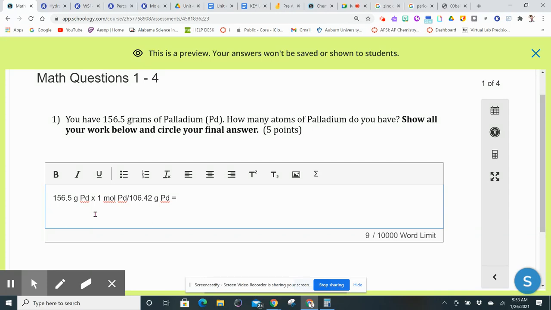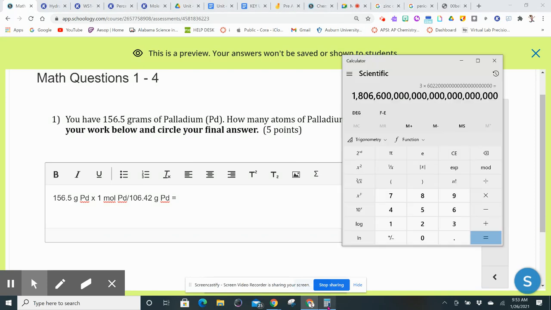I'm going to take 156.5, multiply it by 1, and then divide it by 106.42. This is another reason why I like handheld calculators, because I don't like the ones on the computer. I always put in a wrong number. 106.4. See?